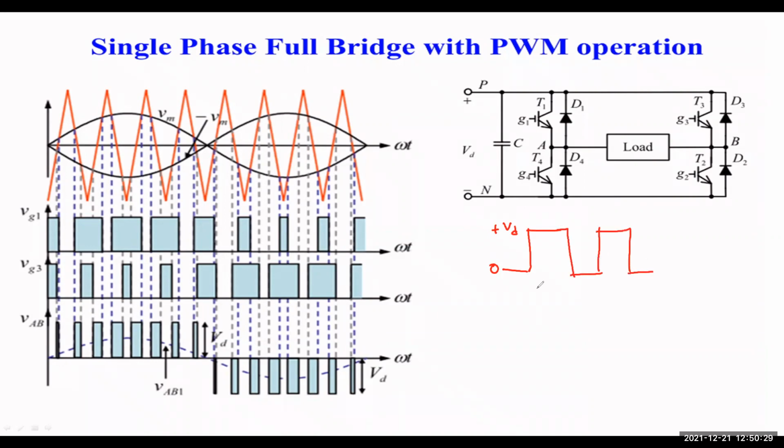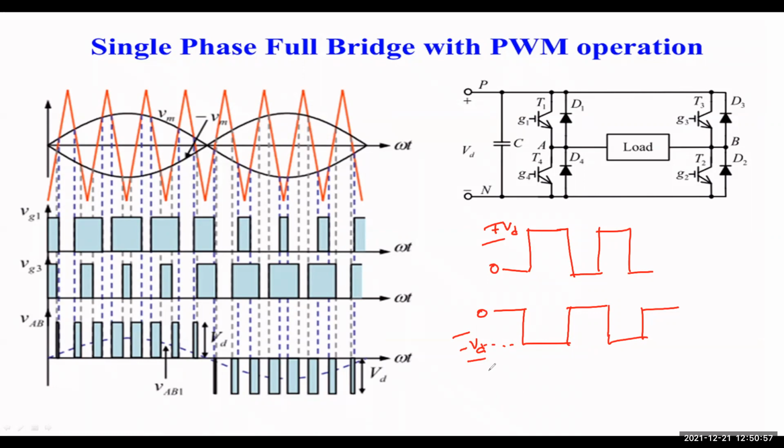Otherwise, 0 to minus VD, like this. This is called unipolar operation. Bipolar operation means we get plus VD and minus VD, that is, minus VD to plus VD.